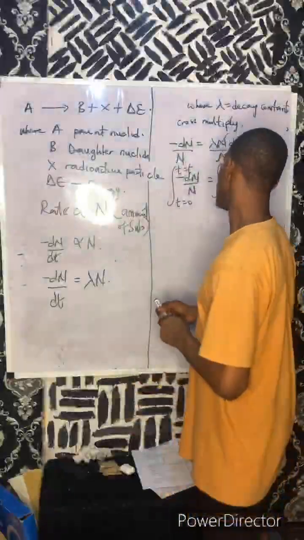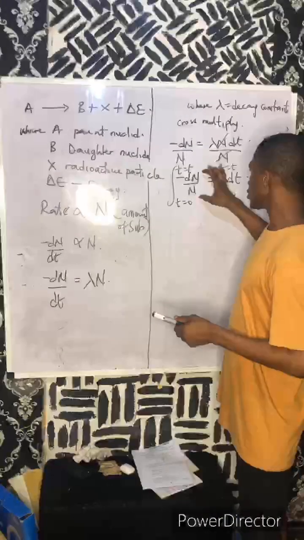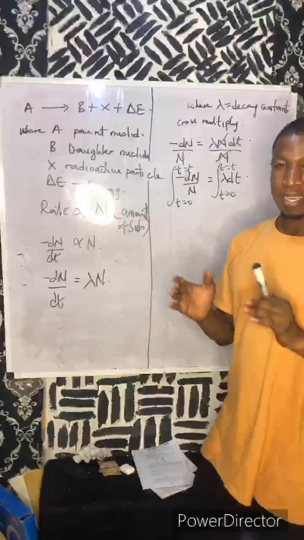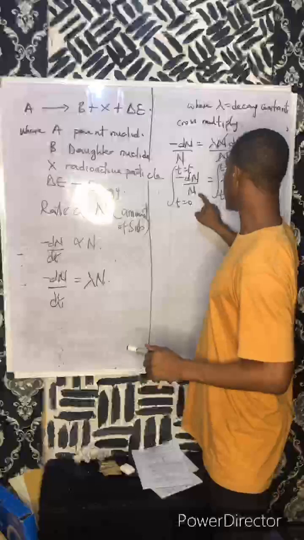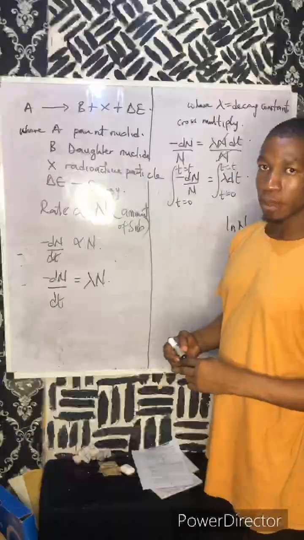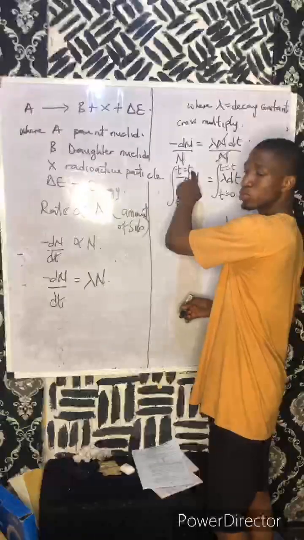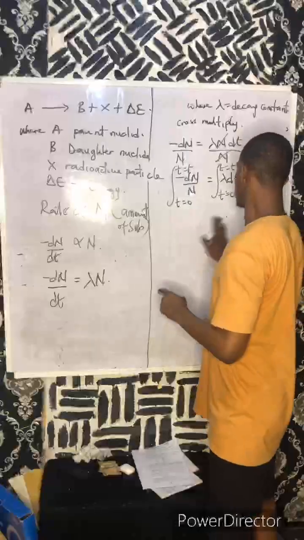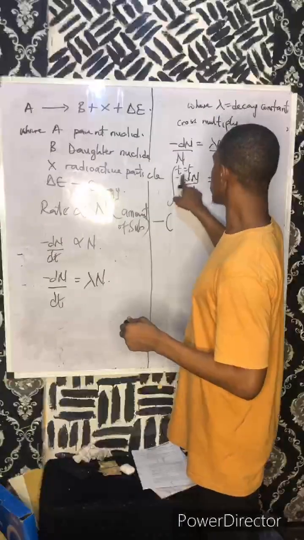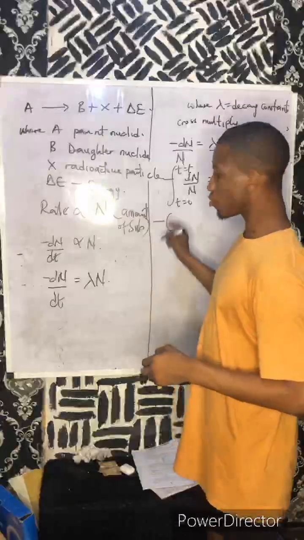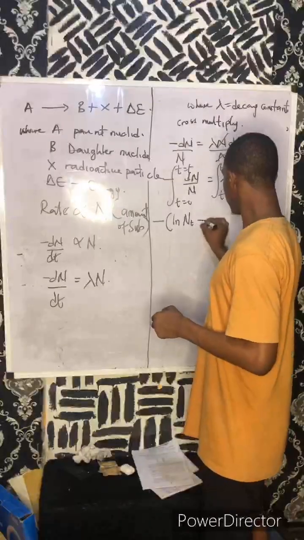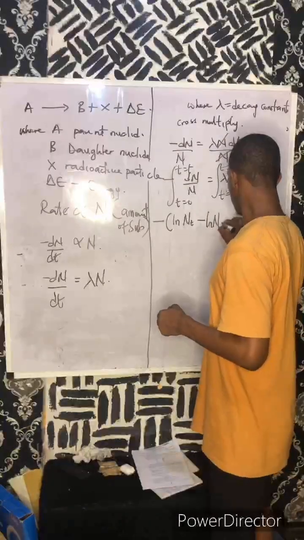Now if you integrate dN over N, naturally you get ln N. But now you are integrating with respect to t equals t and t equals 0, so you have two values, and because of the minus that is outside, you get minus ln Nt minus ln N naught.